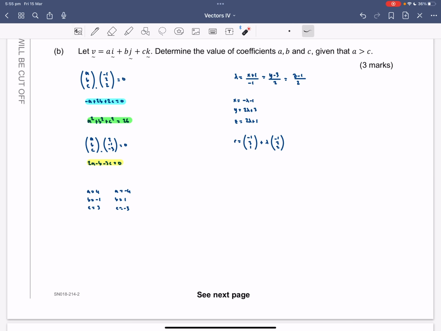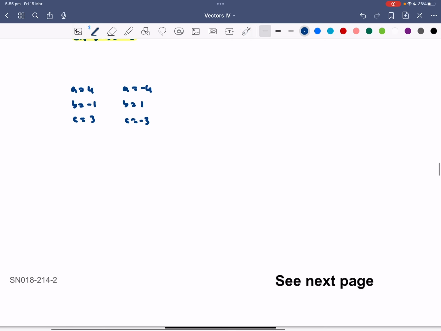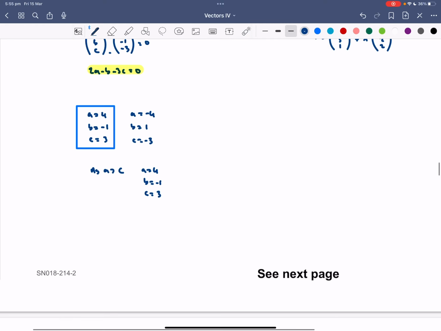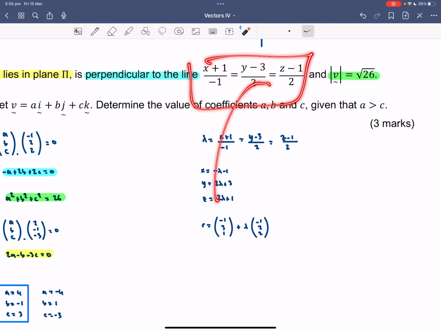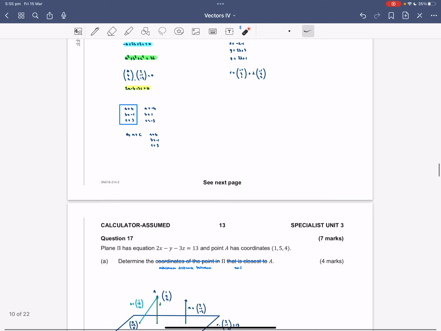However, it says A is more than C. So since A has to be more than C, we must go with this answer right here where A is more than C. Over here, A is actually less than C. So the answer is A is 4, B is -1, and C is 3. I think the hardest part of that question was turning this into parametric or vector form, so you could find out the vector that was actually perpendicular. Okay? Perfect.